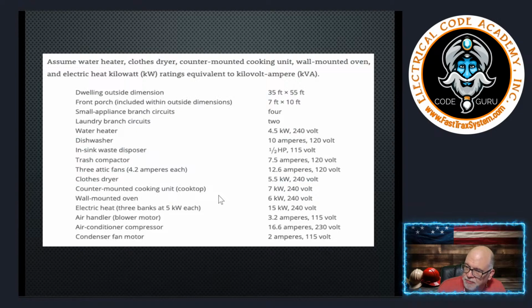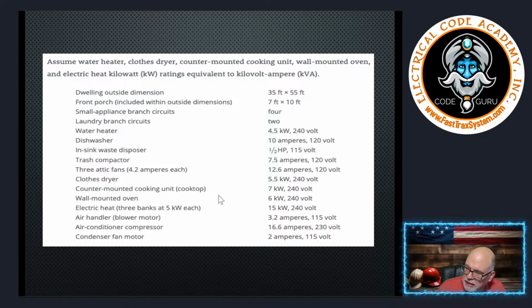We have 3 attic fans, and those are 4.2 amperes each. So we have 3 of them up there in the attic. So we just added the sum together, 12.6 amps. And again, to get the total VA, amps times volts. We're going to do that as we move through this. It's going to go quickly once we start working through the form.